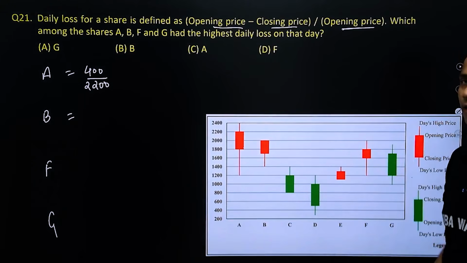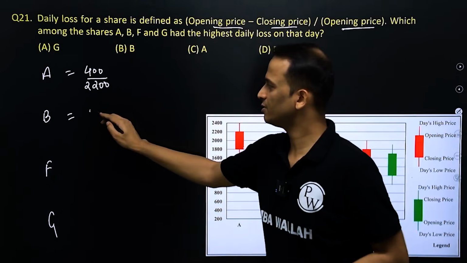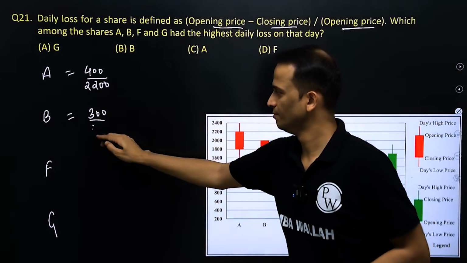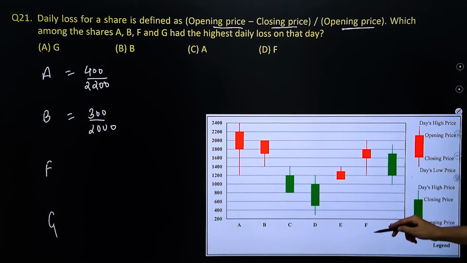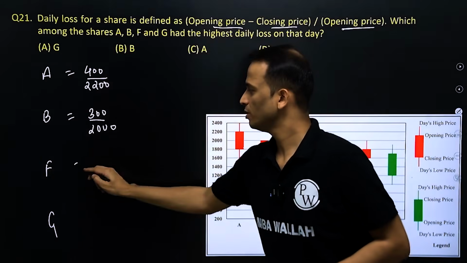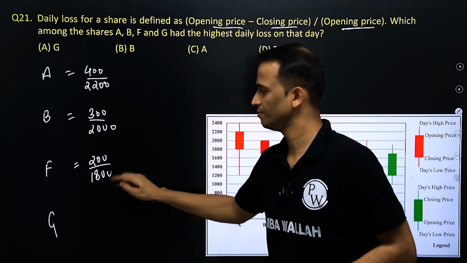So opening is higher than closing. Okay, 2000 minus 1700, that is 300, divided by 2000. Okay, the third share F, again red color. Opening is 1800, closing is 1600. So difference is 200 upon 1800.